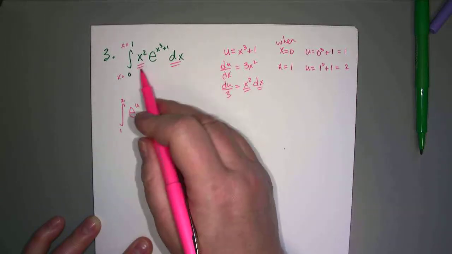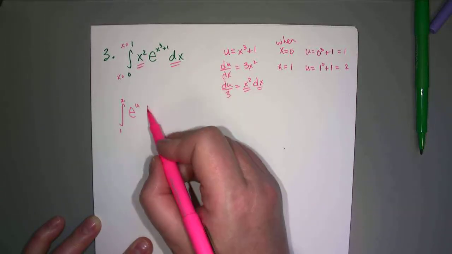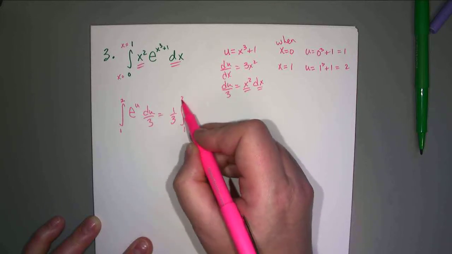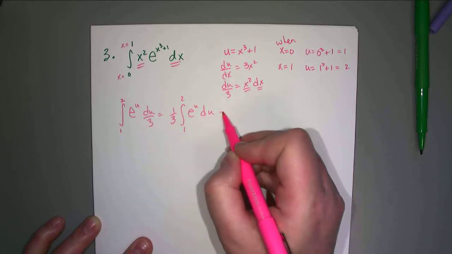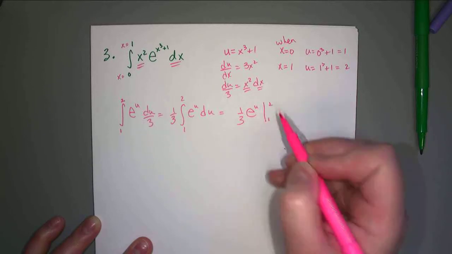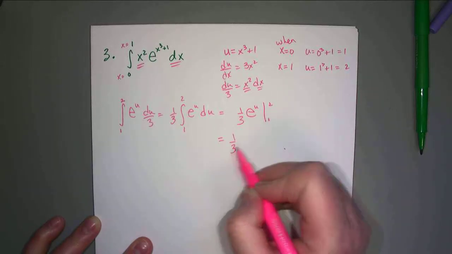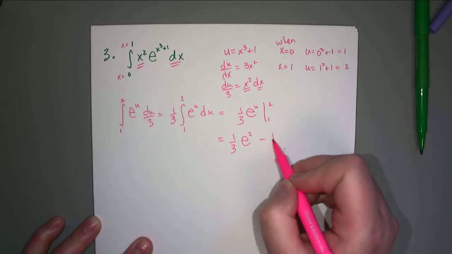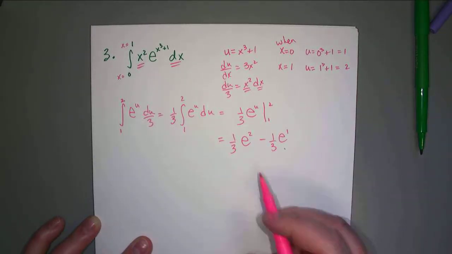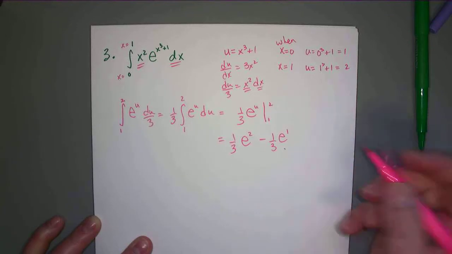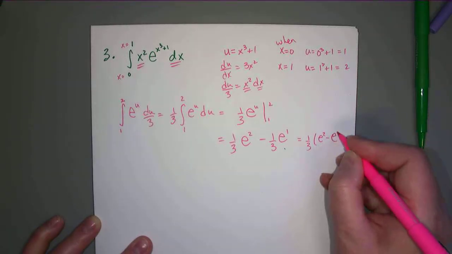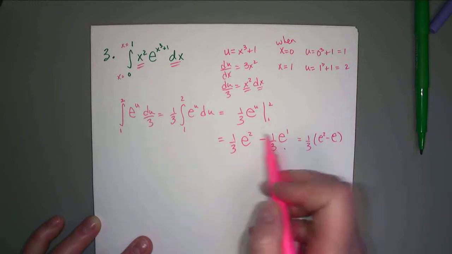These drop off, and in their place, du over 3. So 1/3 integral of e to the u is e to the u. And we don't need to go back to x's, we just plug that in, and that would be your answer. You just leave it like that. You could say this is e squared minus e, factor out that, but this is fine like that.